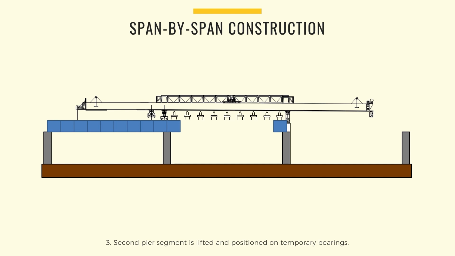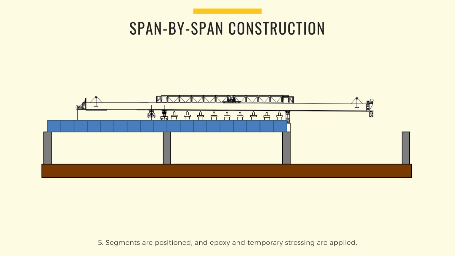Afterwards, the second pair segment is then lifted and is also positioned on the temporary bearings on the other side. Afterwards, all segments are then one by one lifted and hanged. The segments are then positioned.